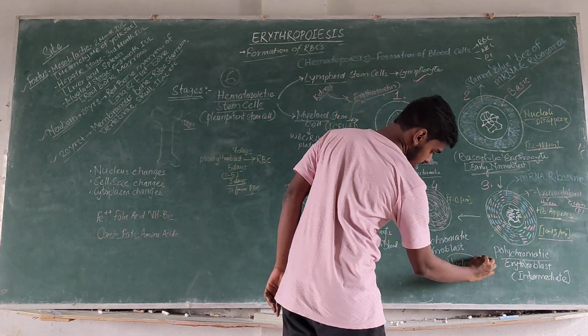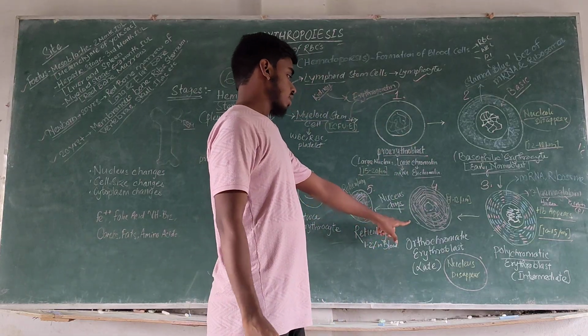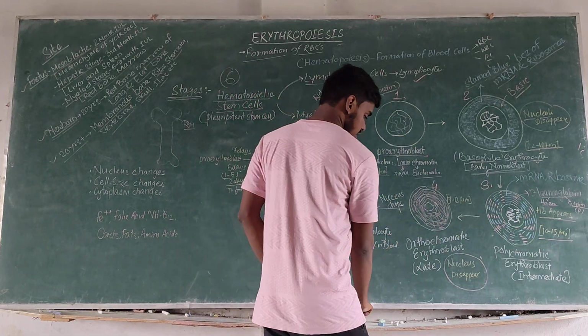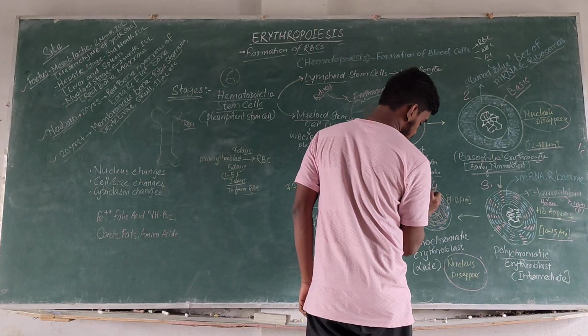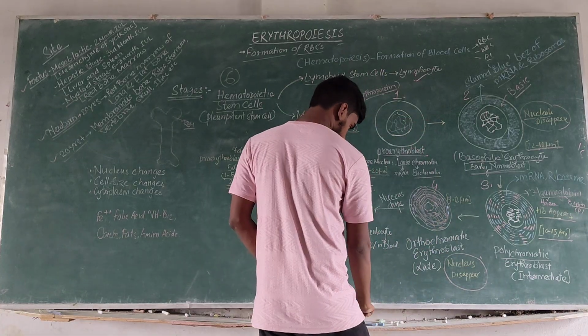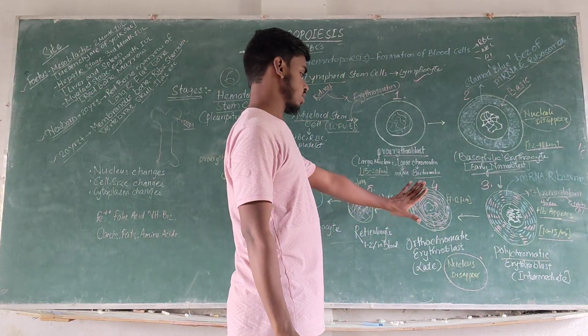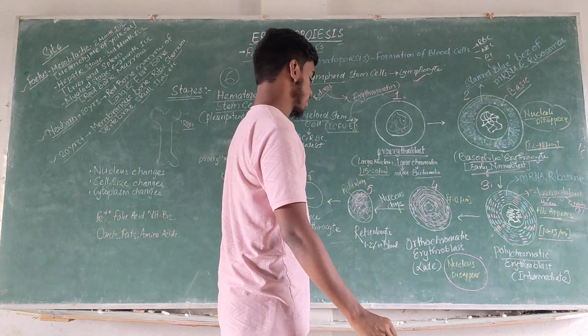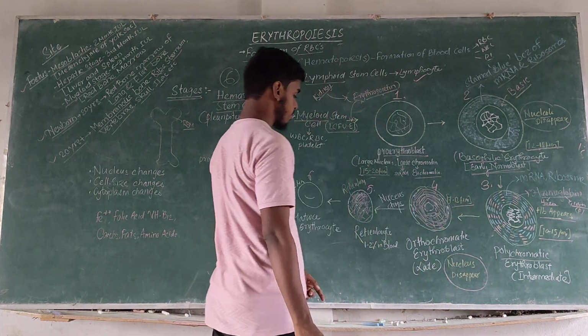So important phenomenon: nucleus disappearance. In this stage you can see that there is too much red and a few parts are blue. Here hemoglobin appears almost fully, and it looks red in color. And in this stage the size is 7 to 12 micrometer.